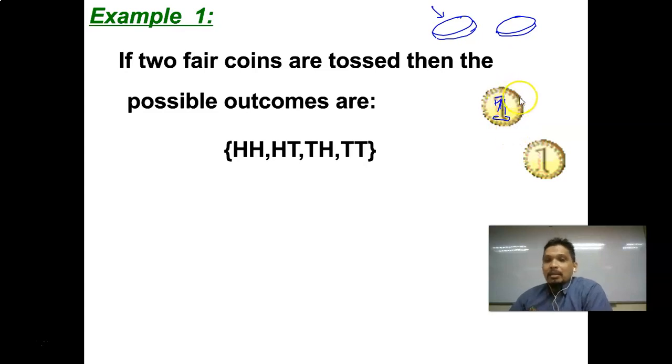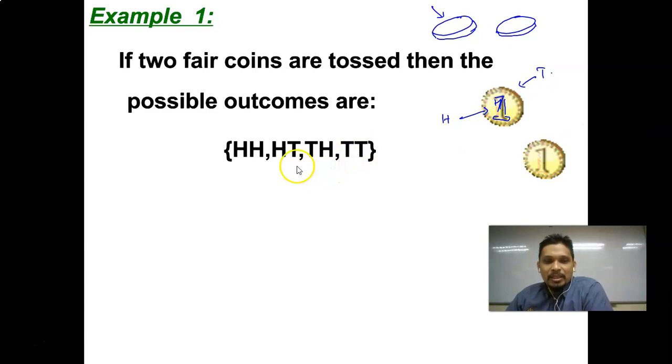On the other side of the coin is a statue or a building that we have in our country. So just imagine we see this as a head, and on the other side is a tail.